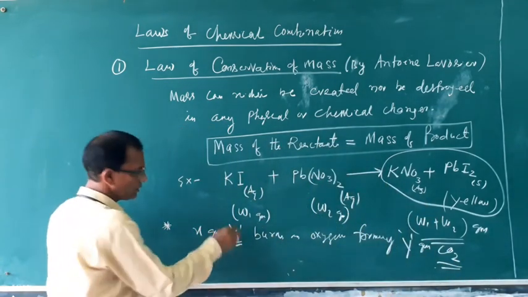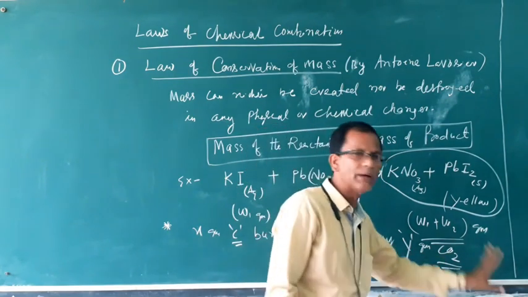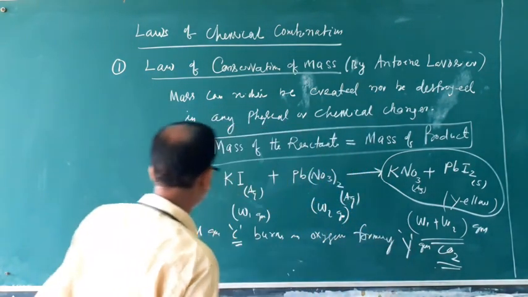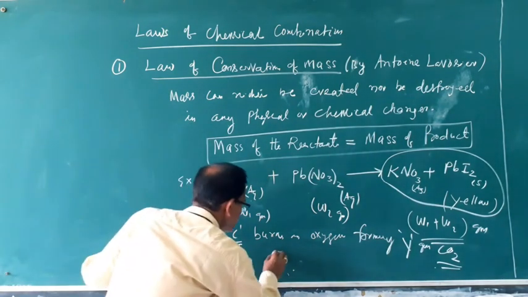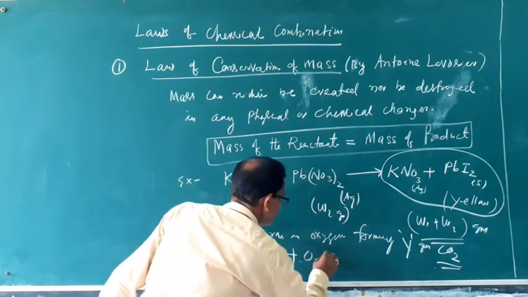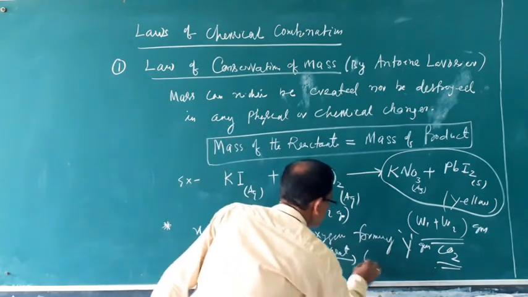The amount of carbon dioxide produced is given. What is the reaction? C plus O2, on heating, producing CO2.